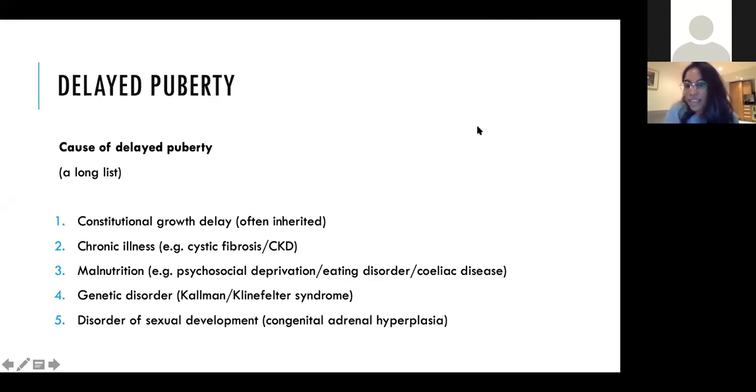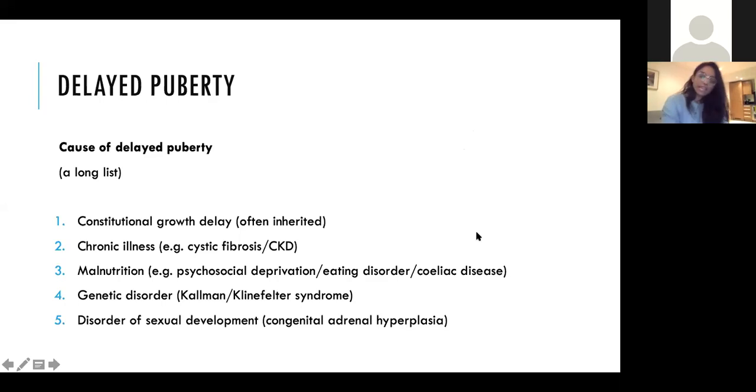Someone put, they will be shorter as the, so is that for familial short stature? And yes, with constitutional growth delay, they will eventually catch up.